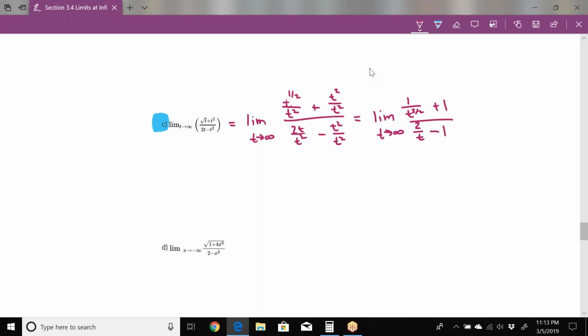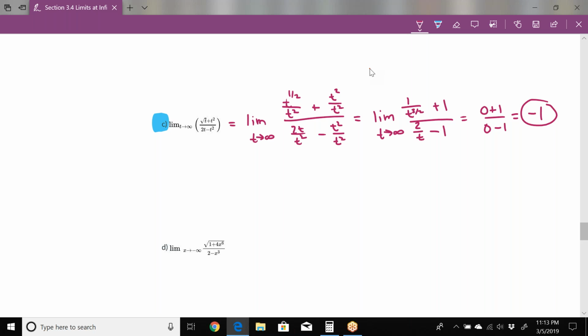Now what we learned in that theorem a minute ago was that as t goes to positive or negative infinity, either one, a 1 over or a number over a t to a positive rational power of any rational kind, which means integer or fraction, will go to 0. So that means this is 0 plus 1 over 0 minus 1, which is just 1 over negative 1, which is negative 1. So that would be the limit of that, which means the graph on the right side towards positive infinity is approaching a horizontal asymptote of negative 1.